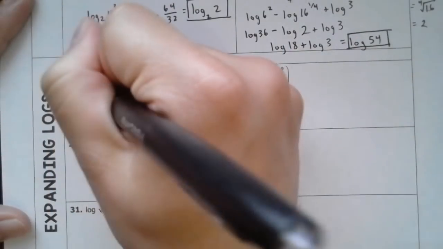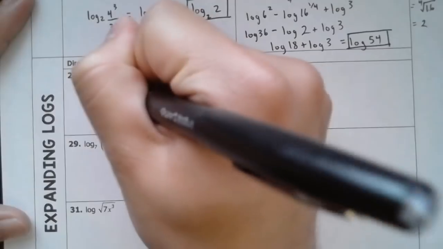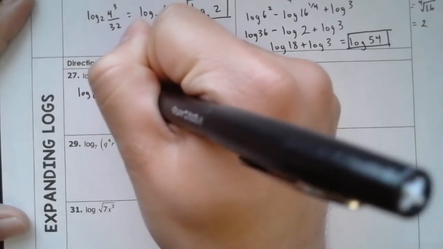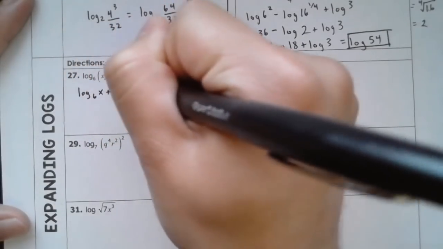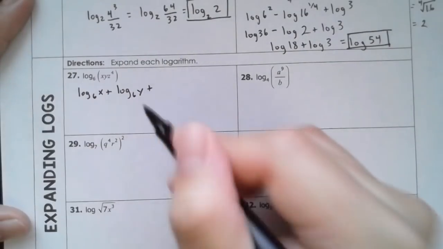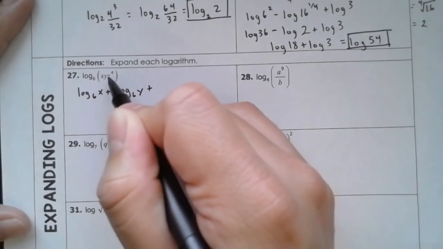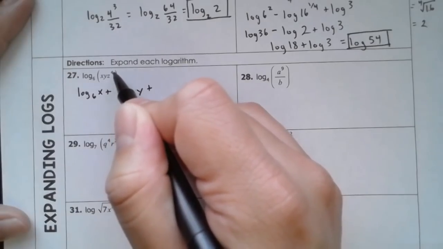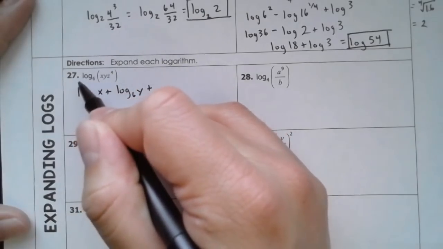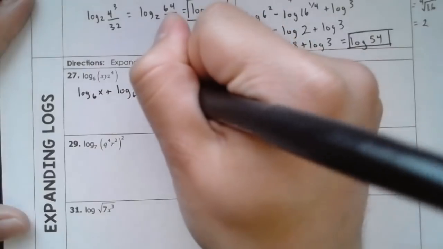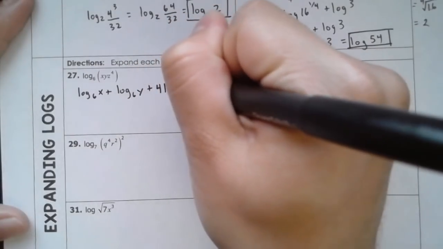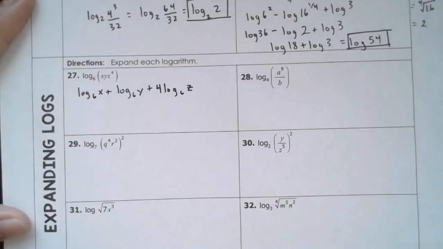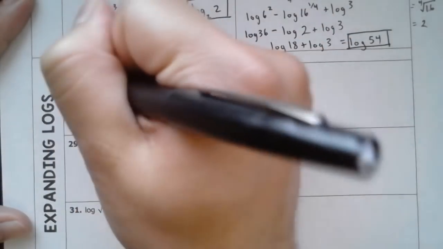So log base 6 of x plus log base 6 of y plus, and then I'm going to skip a step. It would be log base 6 of z to the 4th, and because we have an exponent we can move it to the front. So 4 times log base 6 of z, and that would be it.